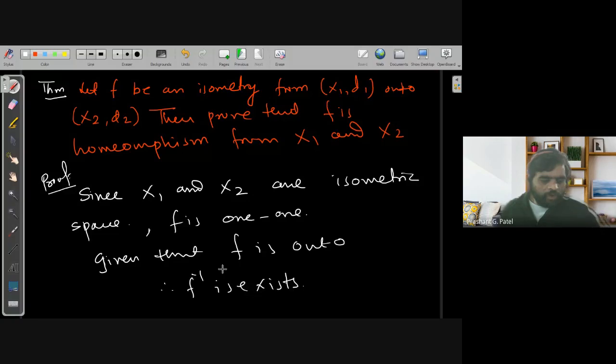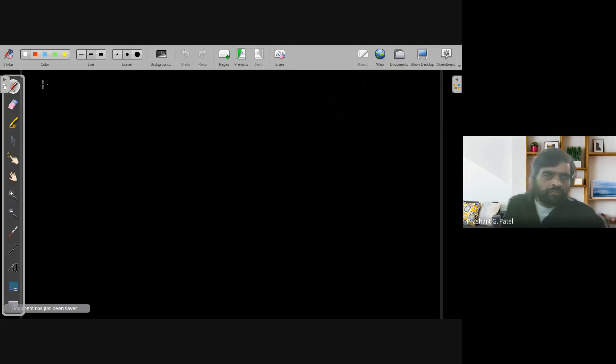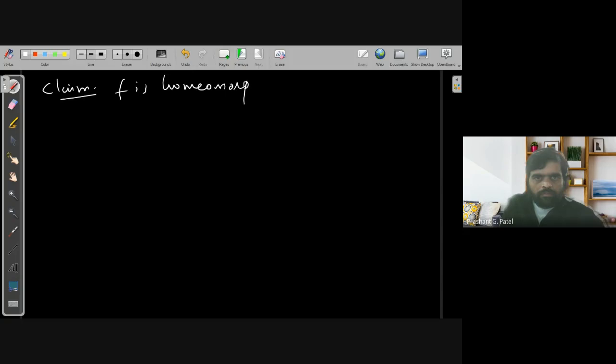Now ultimately what we have to prove is that f is a homeomorphism. That means we have to prove that f and f inverse, both of them, are continuous. So what is our claim? f is a homeomorphism from x1 onto x2.